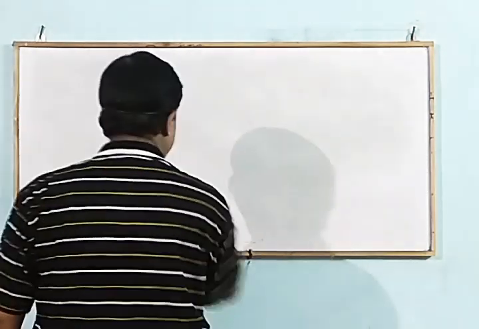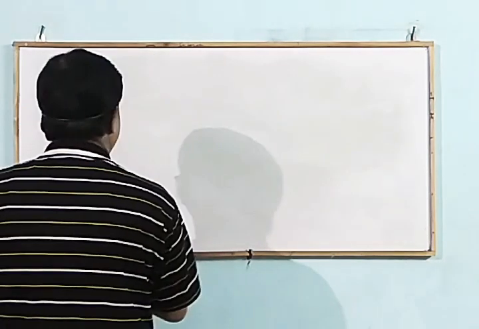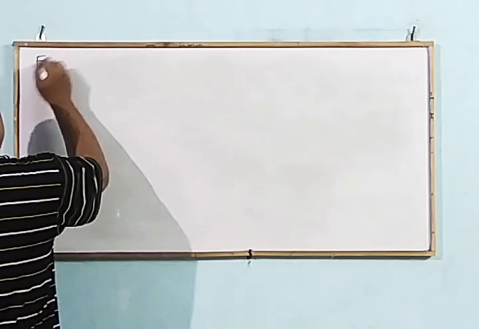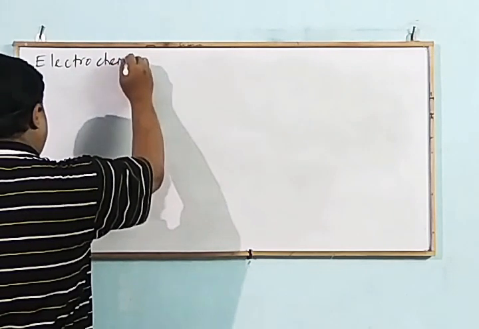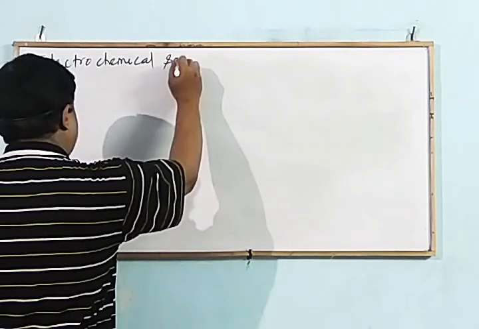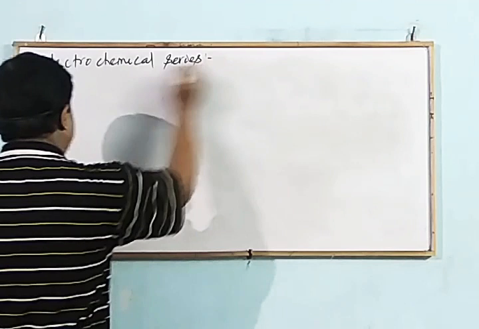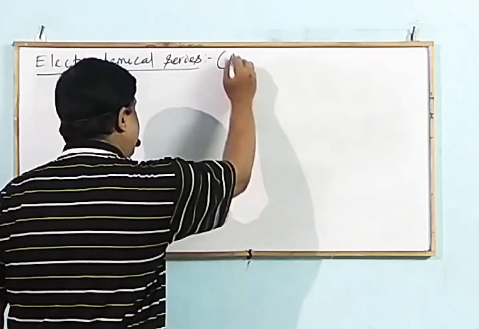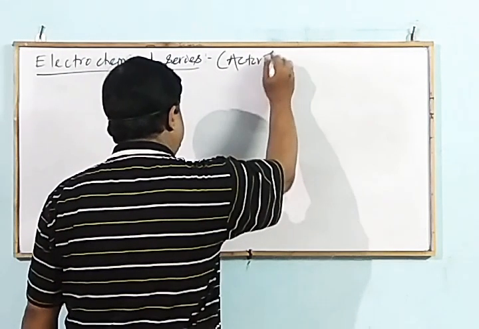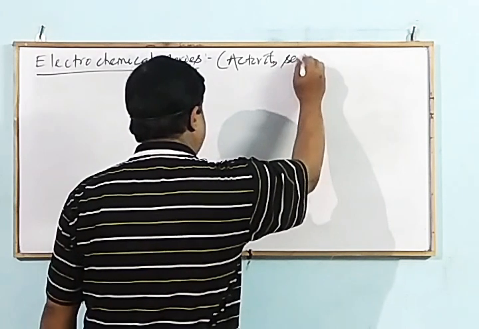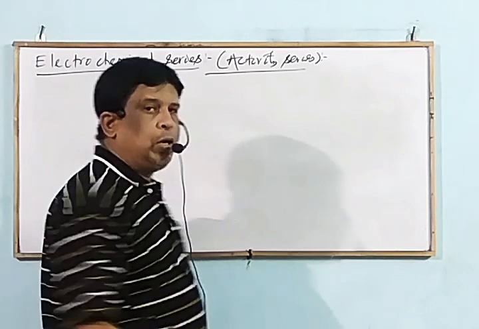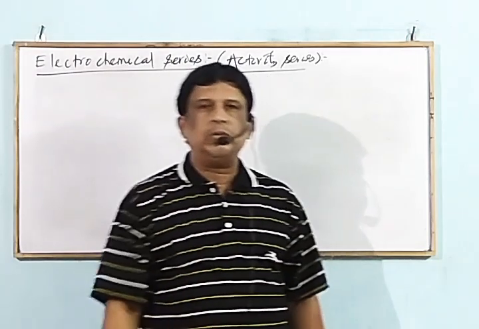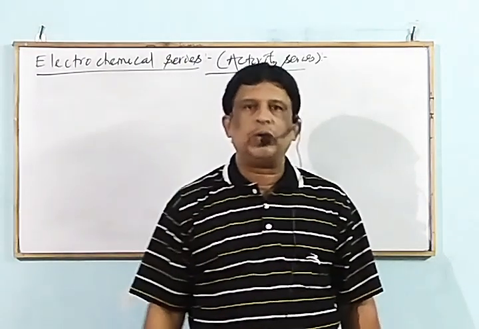Next we discuss electrochemical series, otherwise also known as activity series. It was already covered in a previous class. What do you mean by electrochemical series?